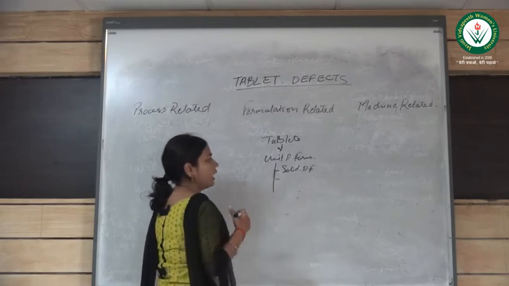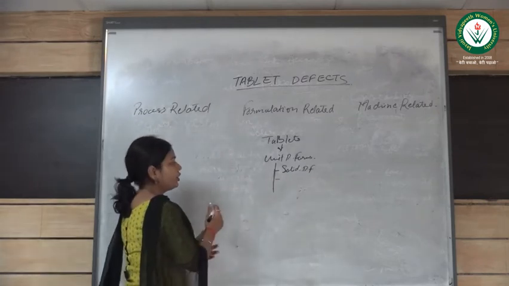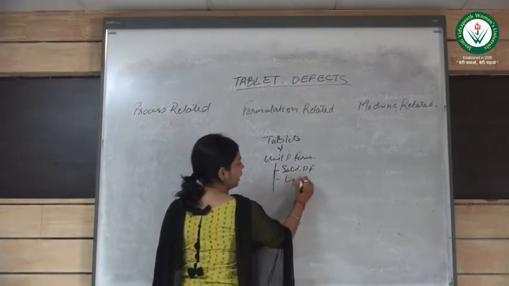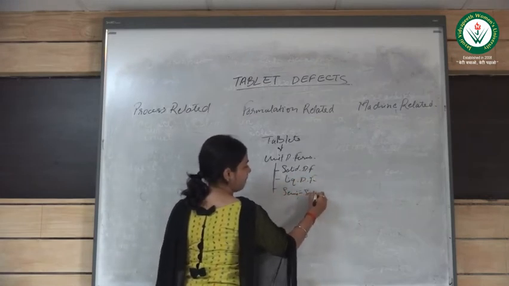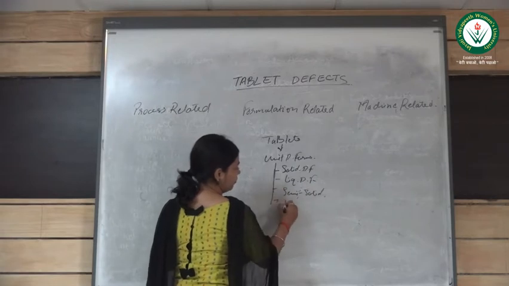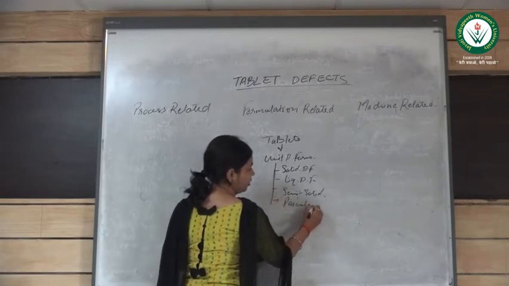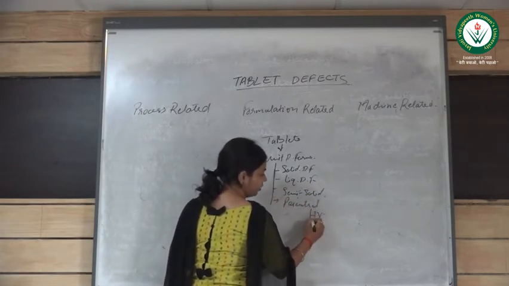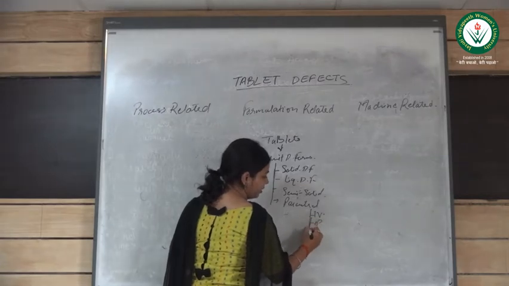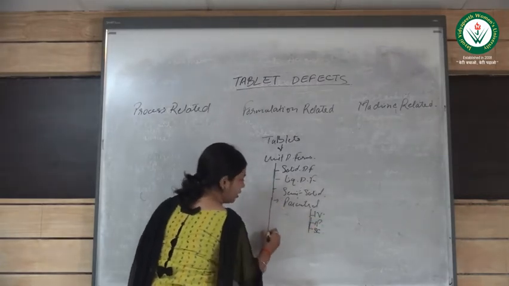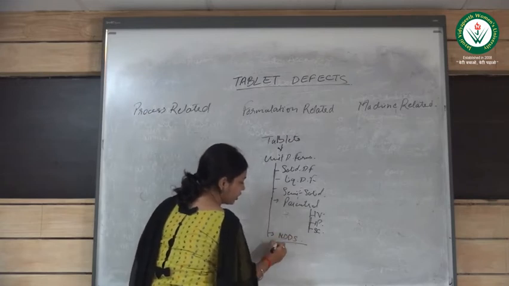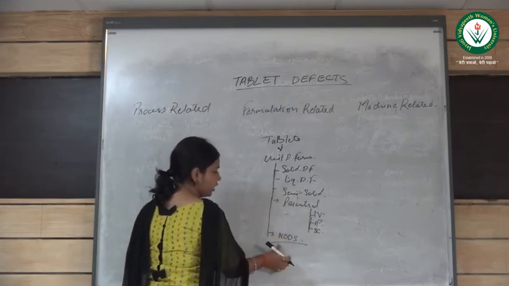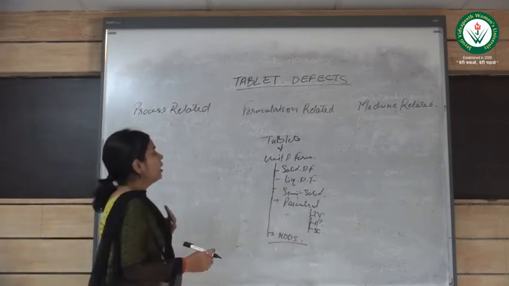Apart from that, other dosage forms in use are, for example, liquid dosage form, semi-solid, parenteral, which includes IV, IP, SC, and also NDDS, which stands for Novel Drug Delivery Systems.